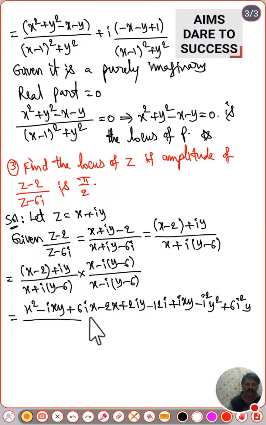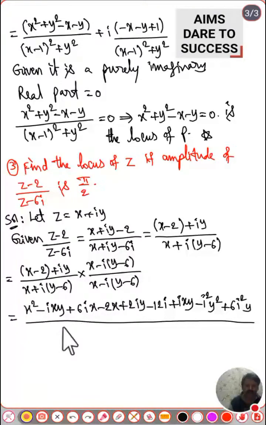Okay, coming to the denominator, (a plus b) into (a minus b) is a square minus b square, that is x square minus i square into (y minus 6) whole square. Here i square is equal to minus 1.